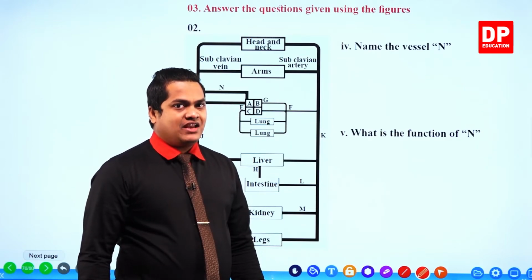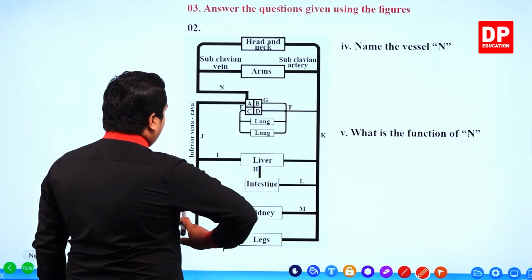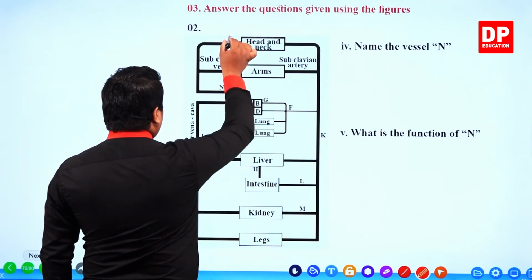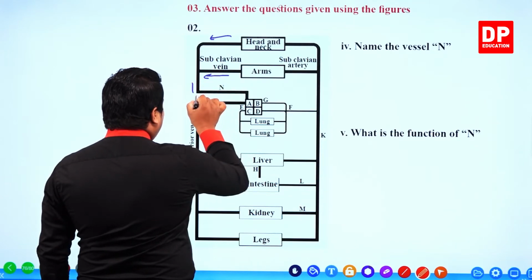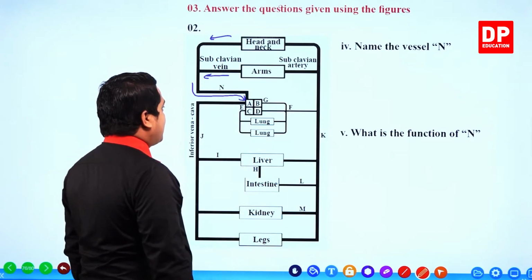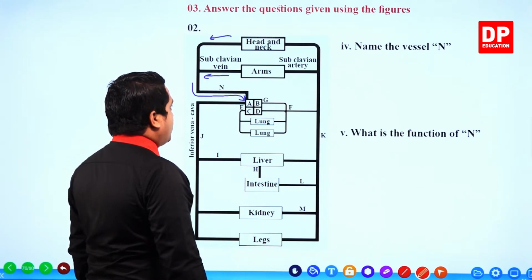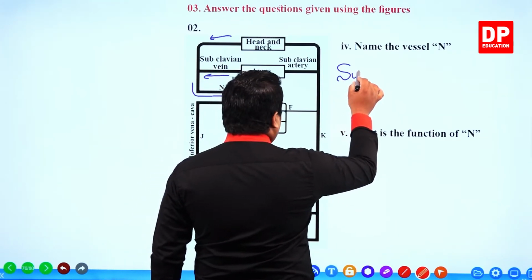You know that this side is going to bring blood towards the heart. So blood is coming from here, and N is transporting that blood to A, which is the right auricle. So N definitely should be the superior vena cava.